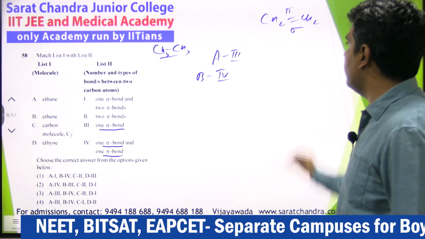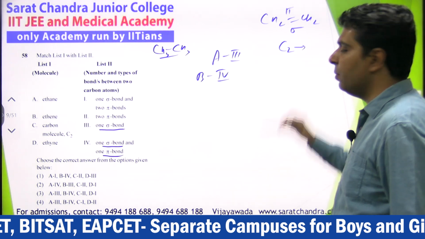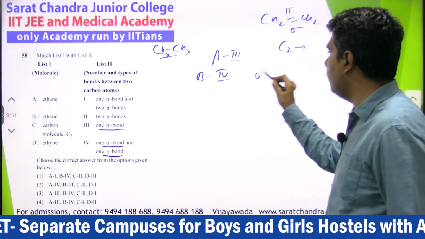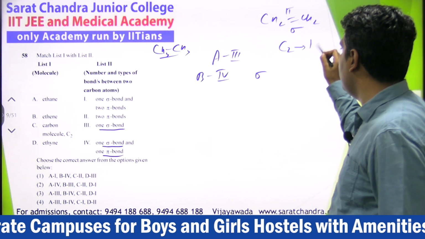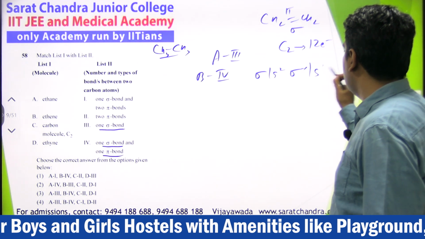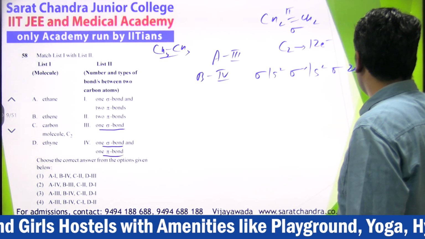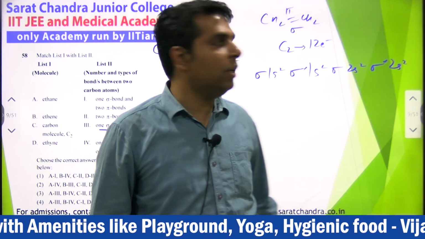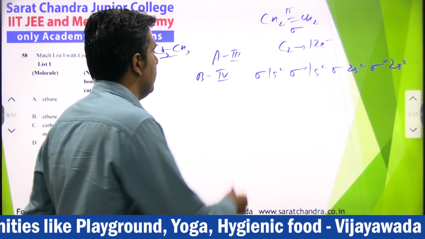Then C2 molecule. For the C2 molecule, you can write down the electronic configuration according to MOT. According to MOT, for C2 molecule there are 12 electrons. So sigma 1s2, sigma star 1s2, then sigma 2s2, then sigma star 2s2. Then because it is less than 16 electrons, the pi will start filling first.